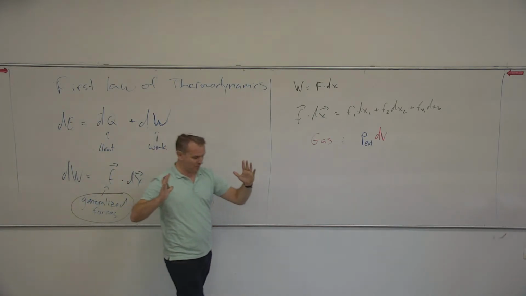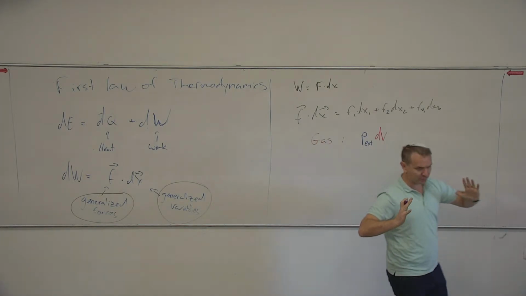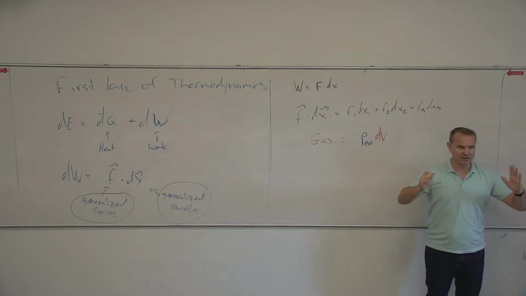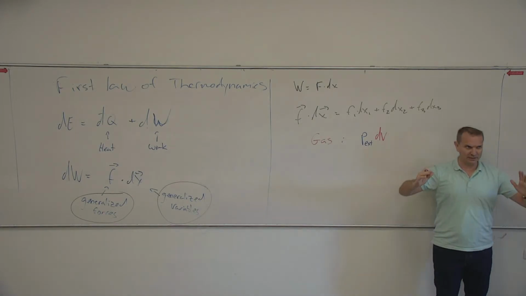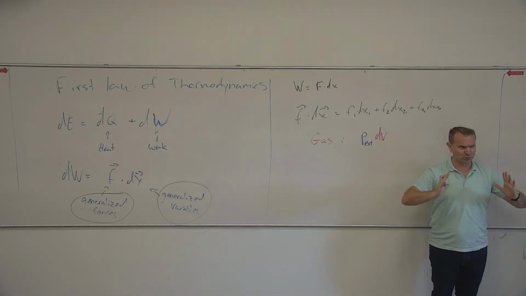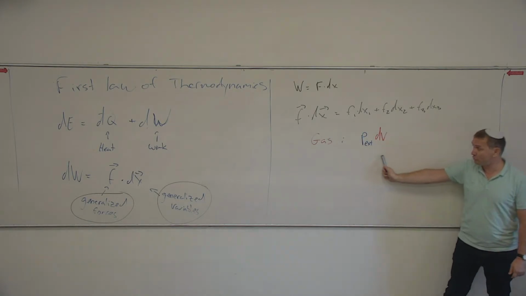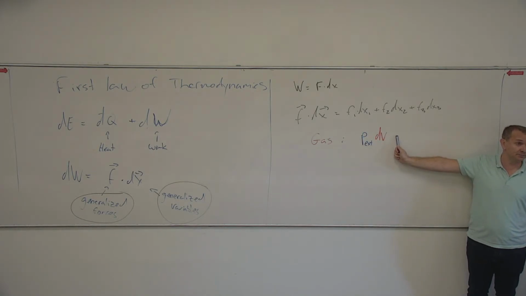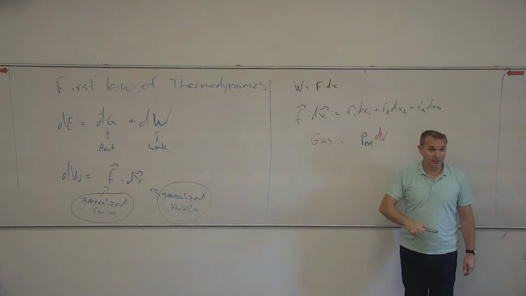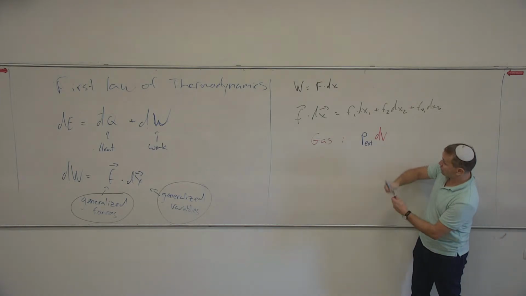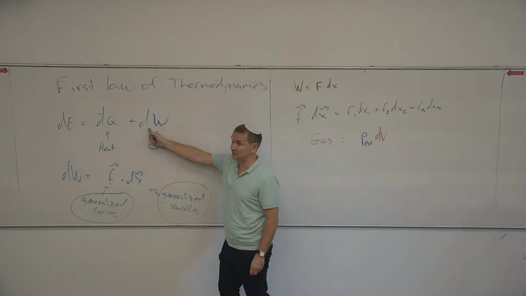If I have an external pressure and I'm trying to squeeze the gas, my P external is positive, and when I perform work on the system, the volume of the system decreases. So dV is negative, but I increased the energy of the system, I squeezed it, so the work has to be positive.